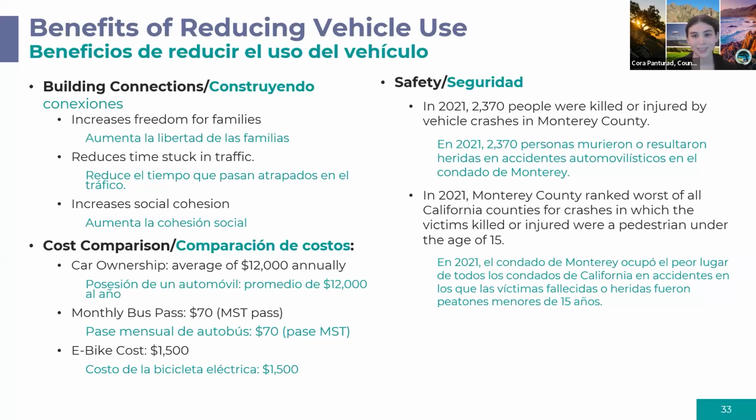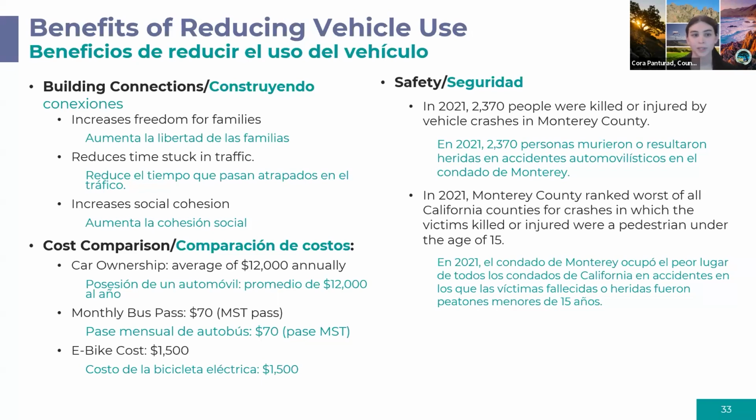And this can increase social cohesion and build a sense of community within the public space. Because when you are taking public transportation or walking or biking, you're able to build more relationships with community members and interact with them on a more human-scaled and personal level.